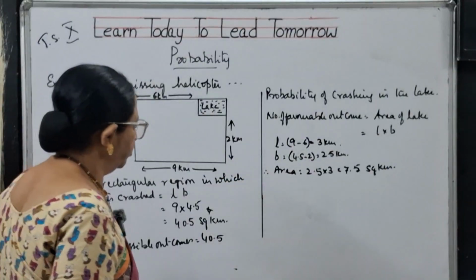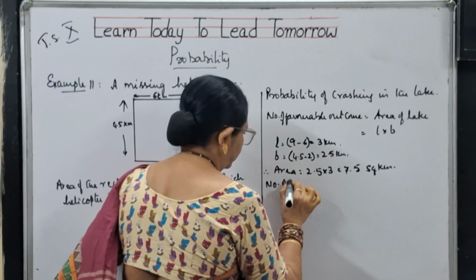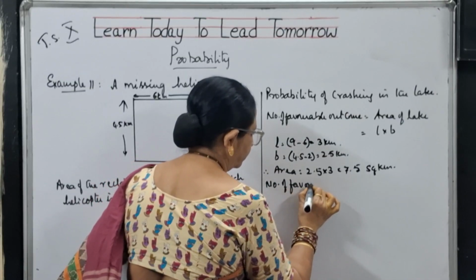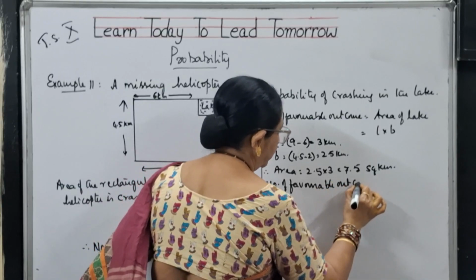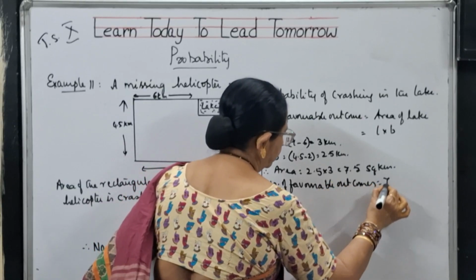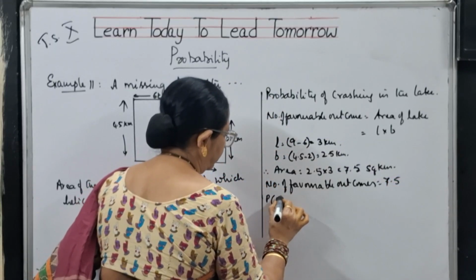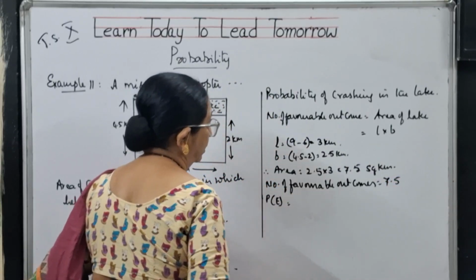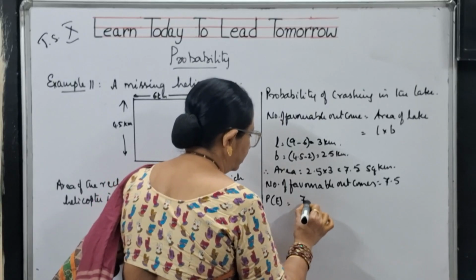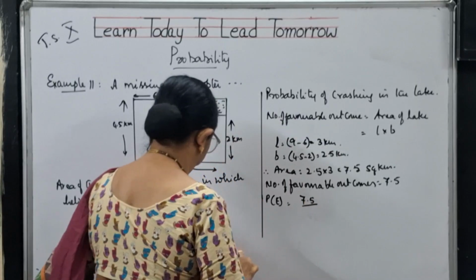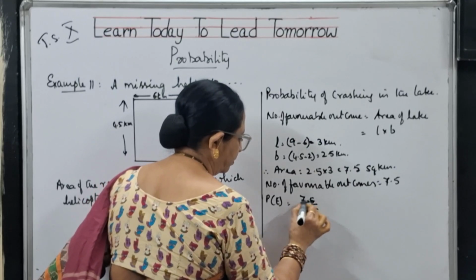So the number of favorable outcomes is equal to 7.5. So the probability of the event, that is crashing the helicopter in the lake, is 7.5 by 40.5. So the decimal will get cancelled.